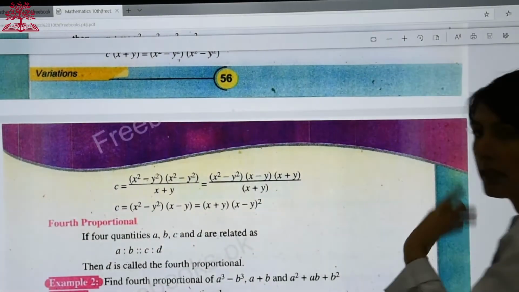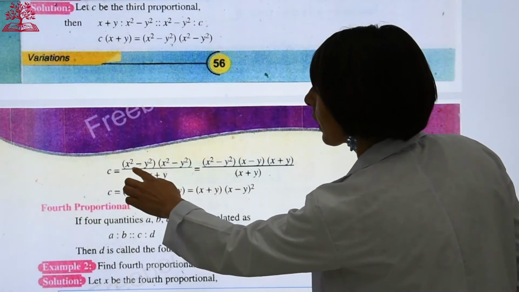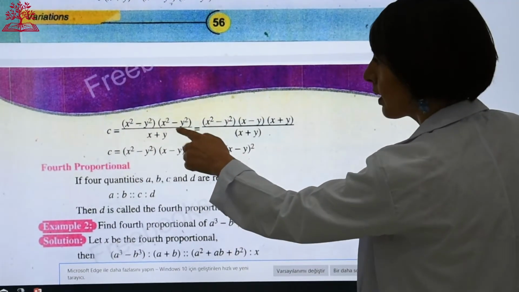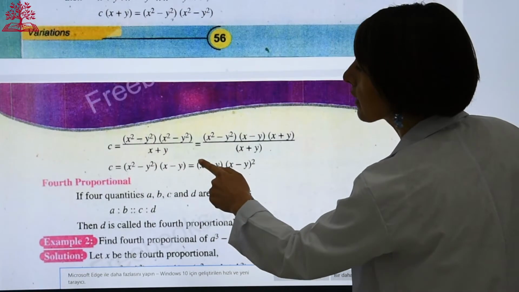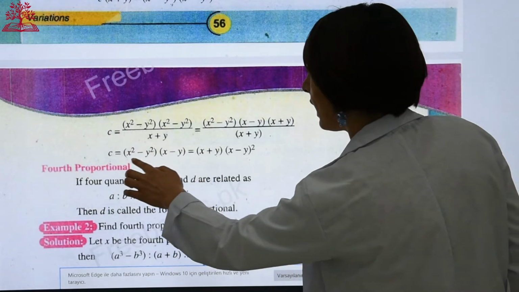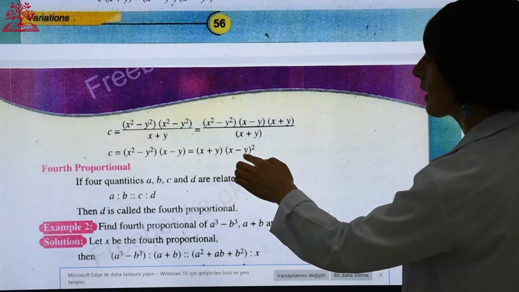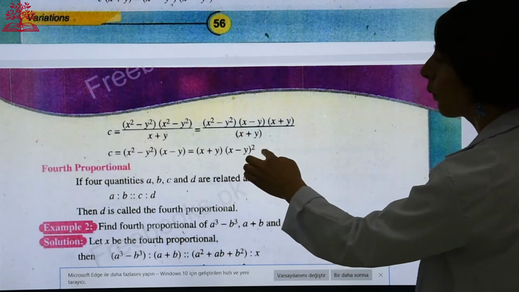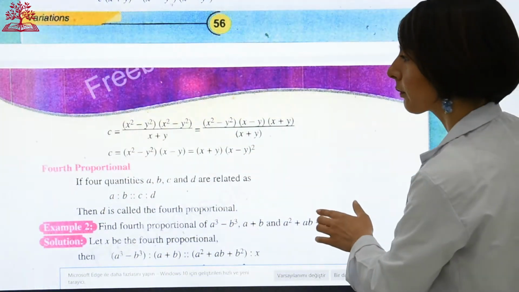And if I continue, I can write that C equals x squared minus y squared times x squared minus y squared over x plus y. And in the end, I'll find that C equals x plus y times x minus y, all squared. This is how we find the third proportional.